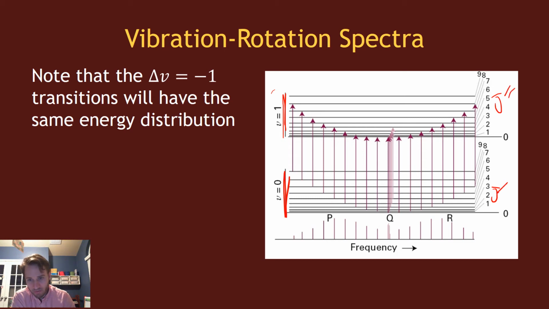These are the J values for the V equals 1 vibrational state, and these are the J values for the V equals 0 vibrational state. And so again, for the Q branch, you keep the rotational state you're in and just go up into the same vibrational state. So all of these peaks will be right on top of each other, and you just have one peak for the Q branch.